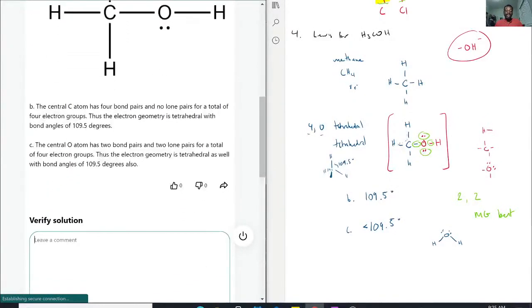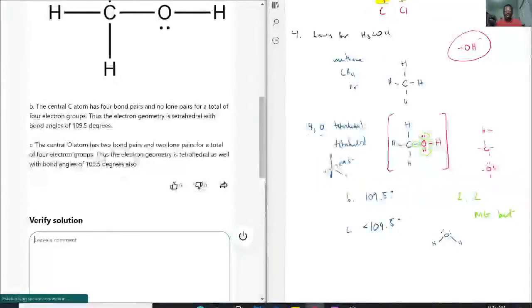So the only thing I would say here is that technically what they're saying isn't wrong except for the bond angle part. If you were asked this question and you're given some choices and A said 109.5, B said less than 109.5, for the oxygen one, the most correct answer would be B. Because if this person had drawn the molecular geometry instead of referring to electron geometry, I think they would have noticed that the bond angles are just slightly less than 109.5.